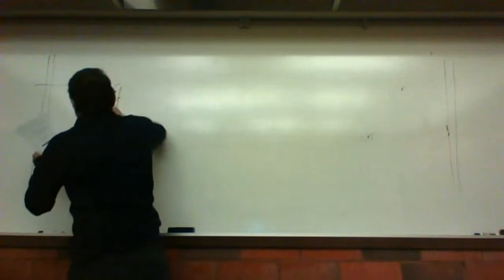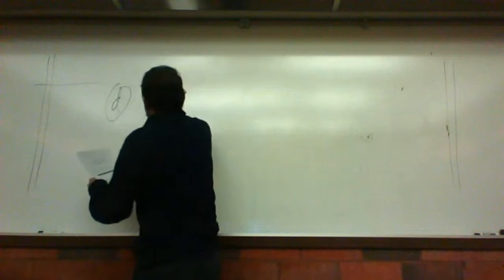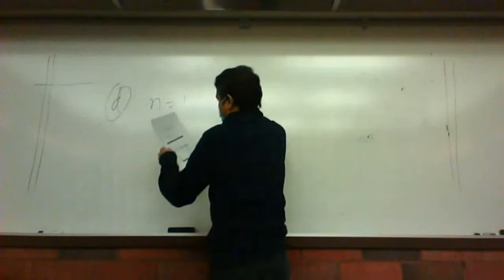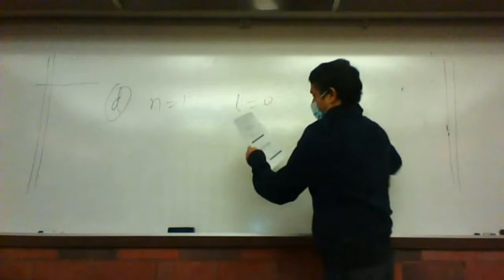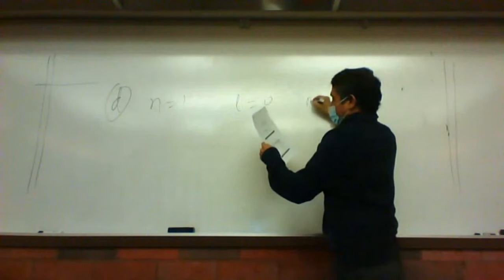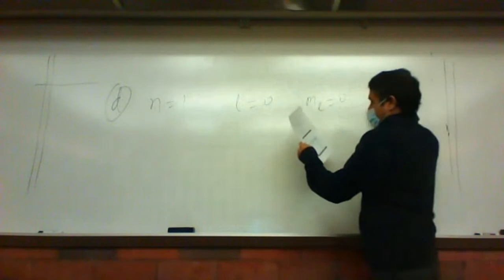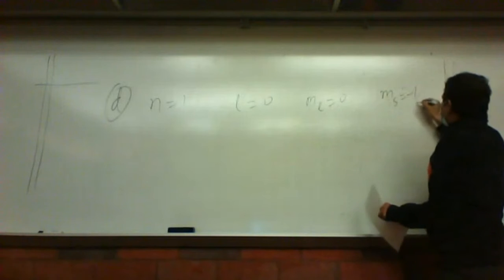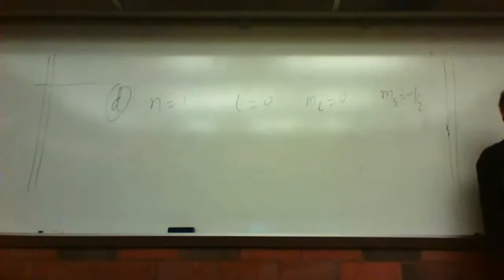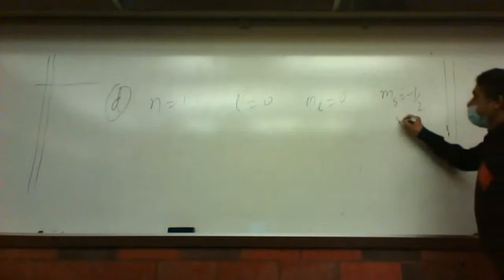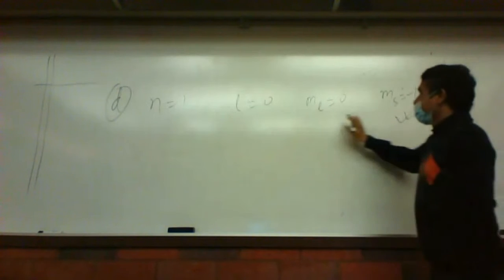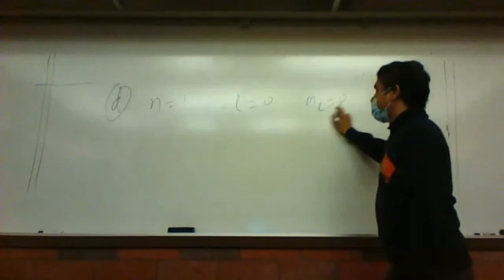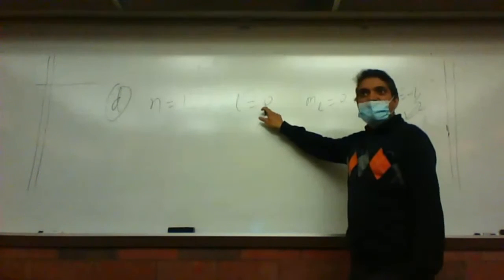D. So let's do D, and in D it says n equals to 1, L is equals to 0, ml is equals to 0 and ms is equals to minus half. So this is good. Ms equal to minus half or plus half is good. So you don't have to look here. Now look, ml equals to 0. So this number is coming from the previous one.